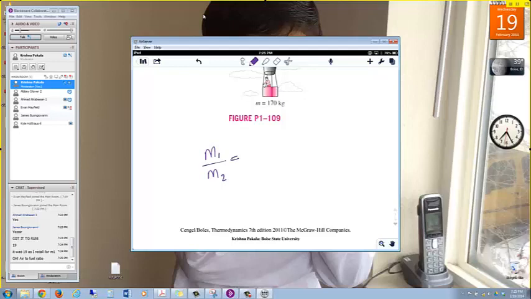Okay, let me go over that again. In a diesel cycle, first there will be air which will be compressed, and then the fuel is injected. So can you now tell me what is the initial mass?